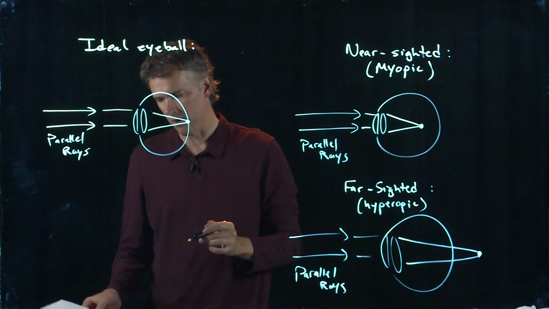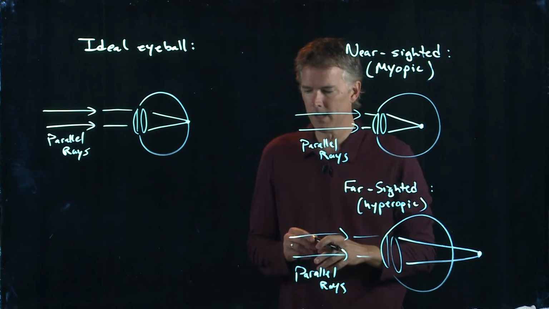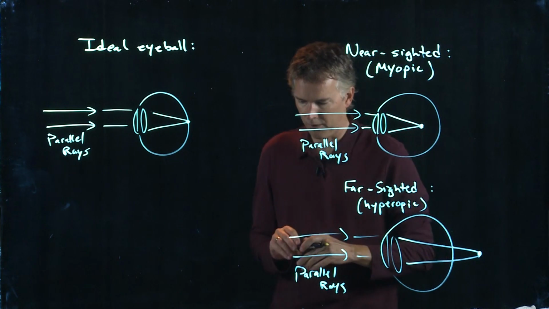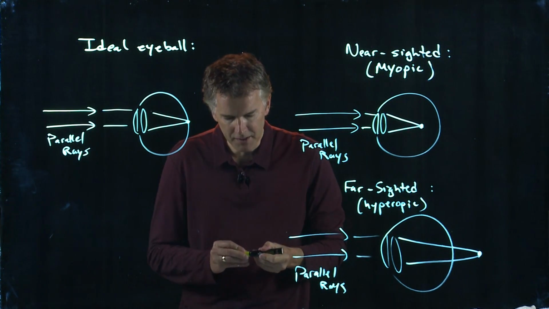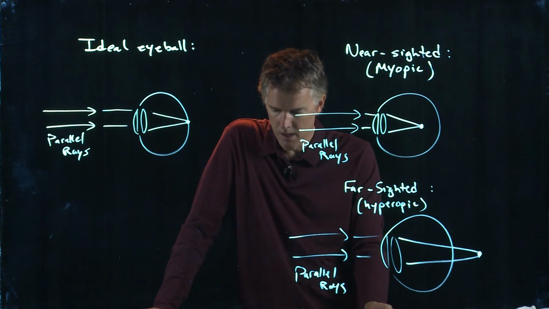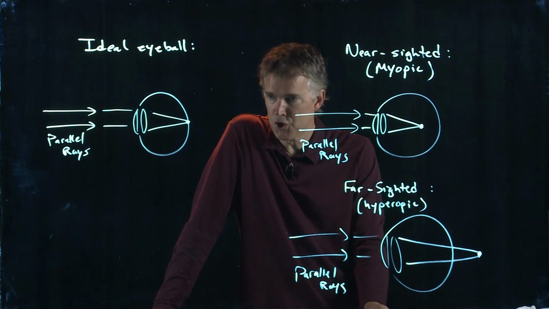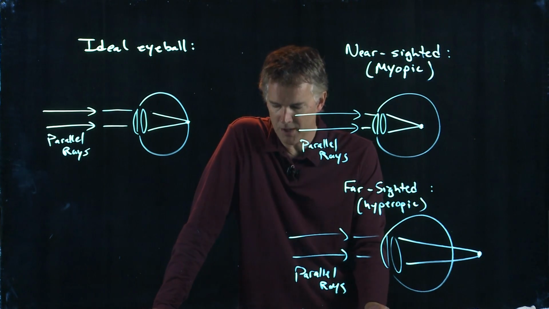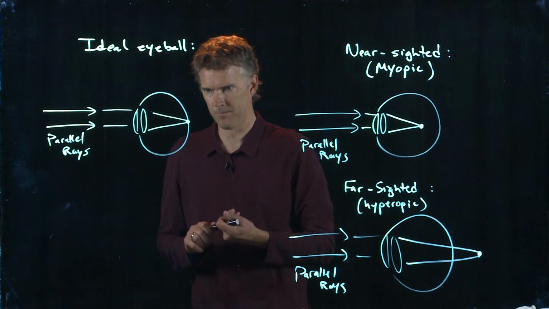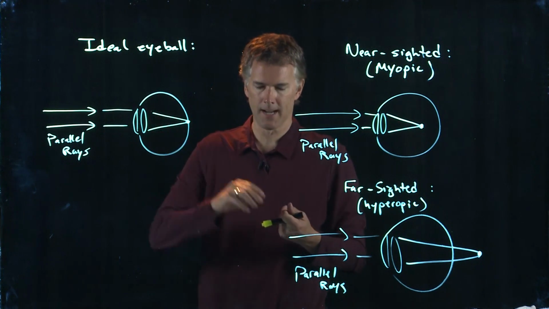All right, so how do we deal with this in terms of this question right here? It says, if the distance from your eye's lens to the retina is shorter than for a normal eye, you will struggle to see objects that are blank. Here's our normal eye.